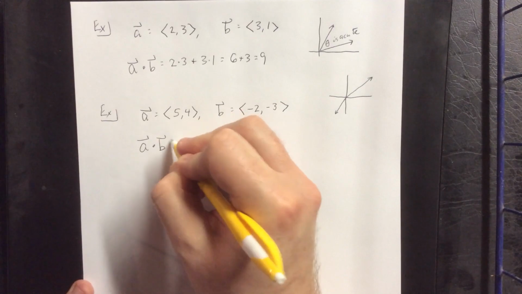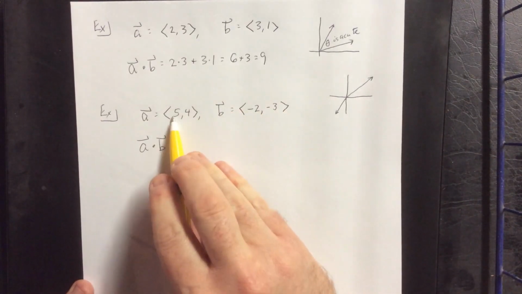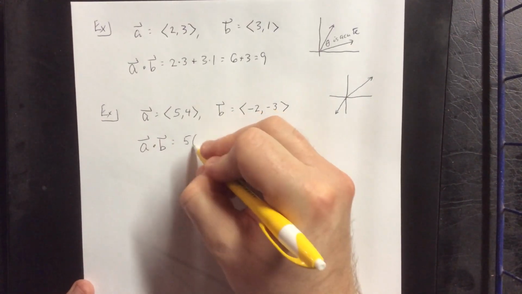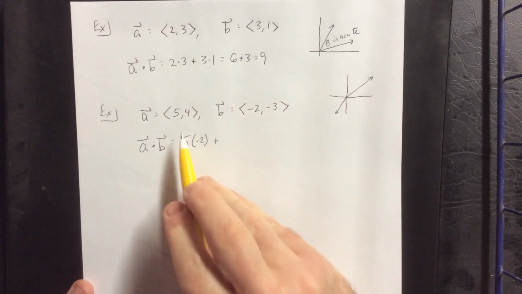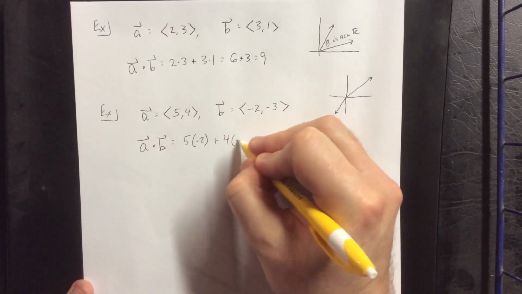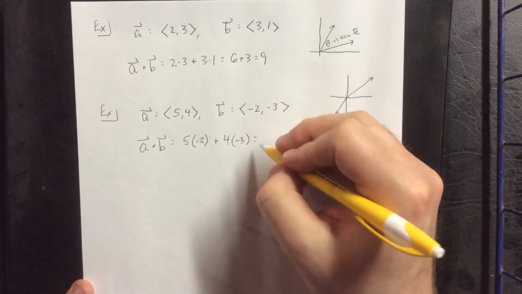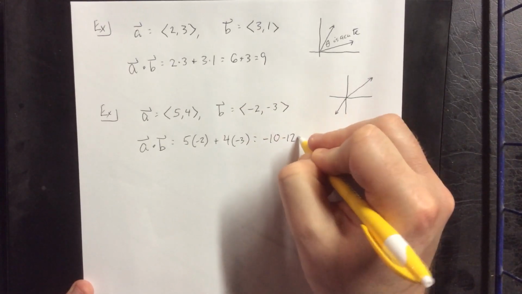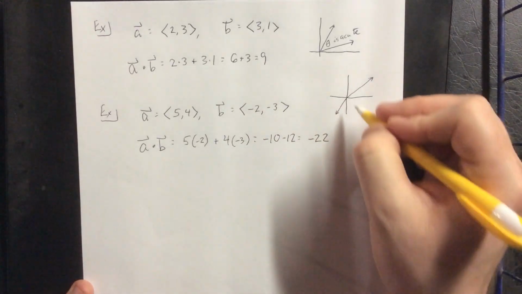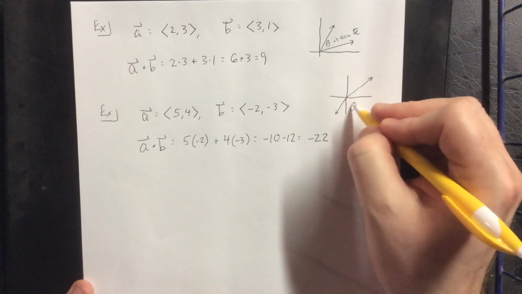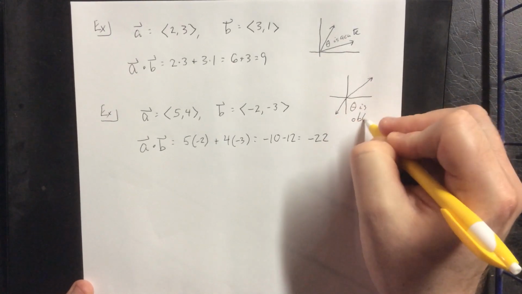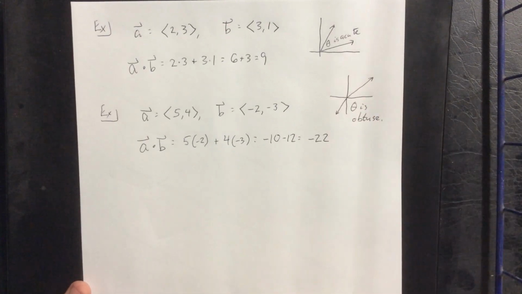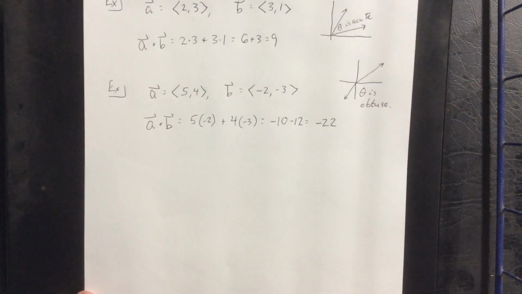So A dot B is going to be equal to 5 times -2 and 4 times -3. And indeed, it does appear as though the result is going to be quite negative. That lets me know that the angle between them is obtuse, that is, bigger than a 90-degree angle.